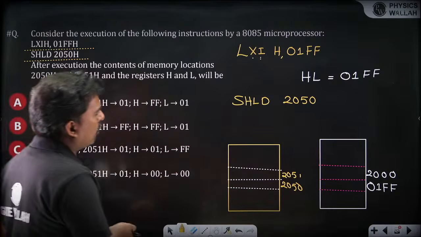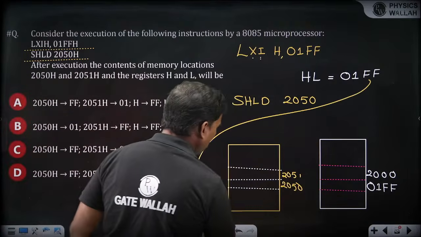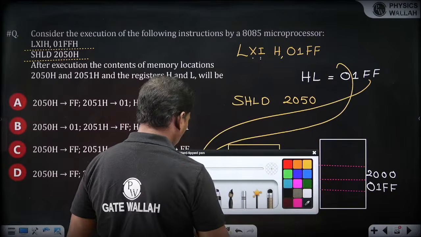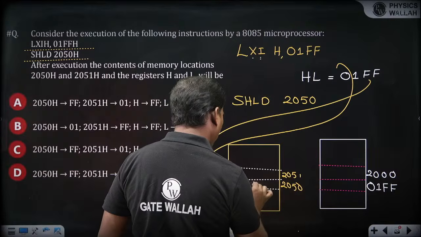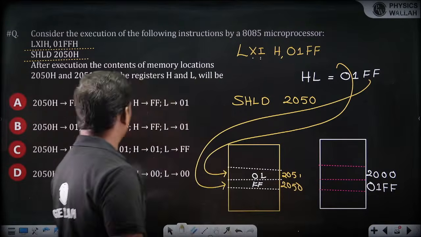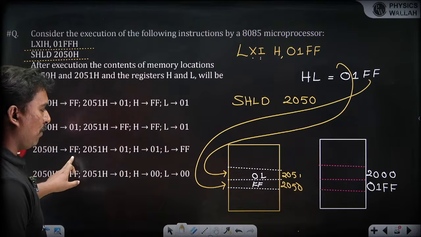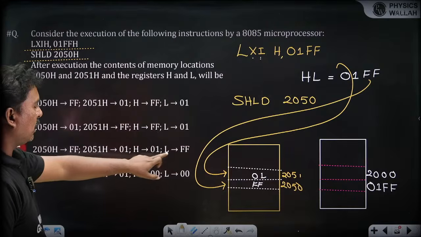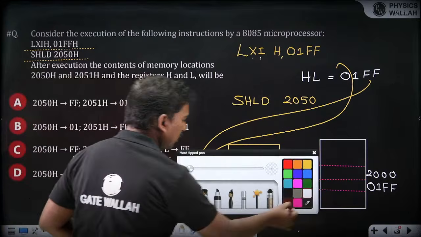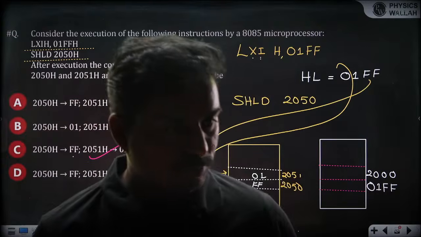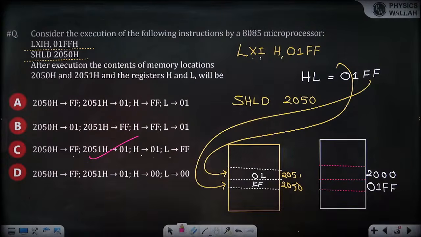The lower memory location gets L, which is FF, and the higher memory location gets H, which is 01. So 2050 will become FF, 2051 will become 01, and H and L will be as they are. So option C is the right answer. Got it? Option C. It's a very good quality question.